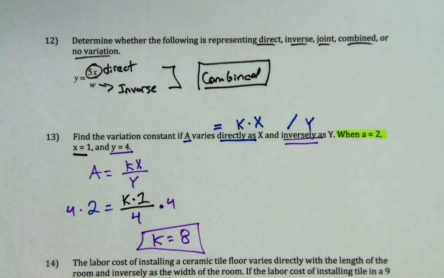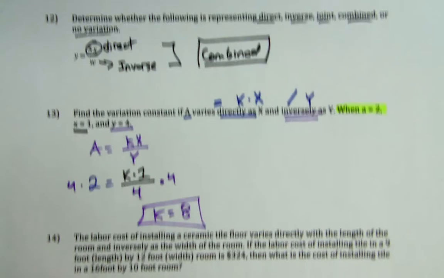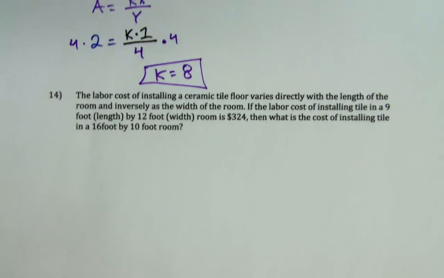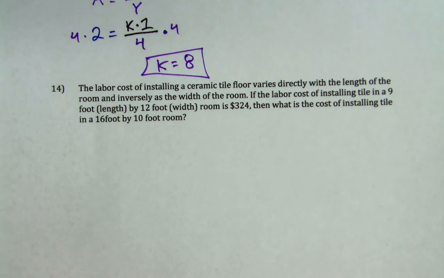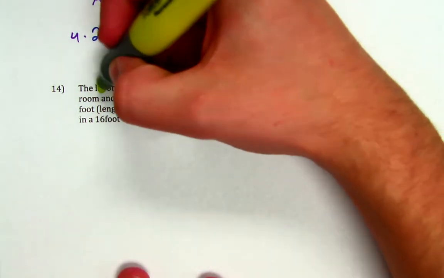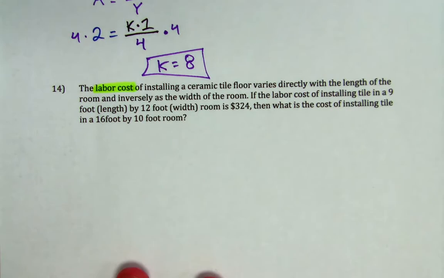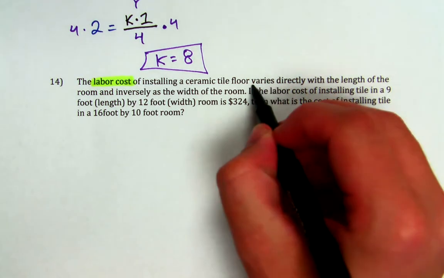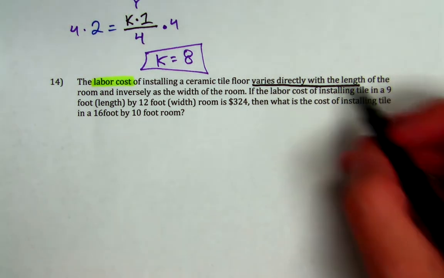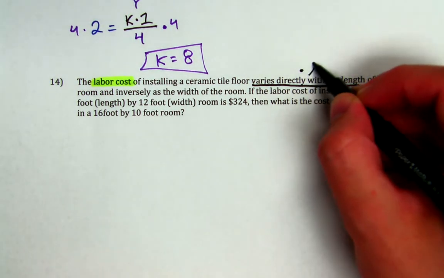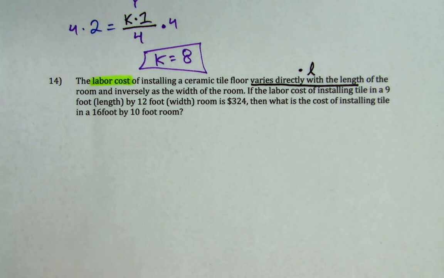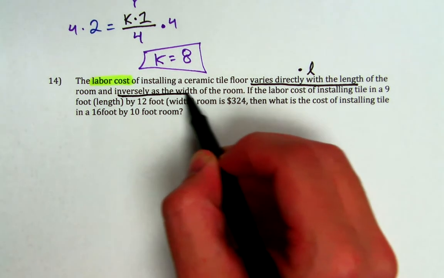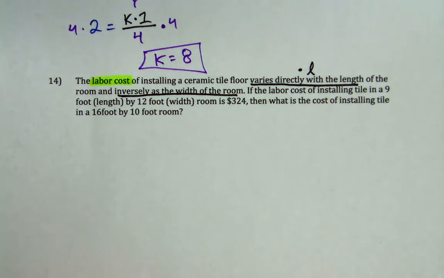Alright, and finally we've got the different one using variation, but it's a word problem. So it says the labor cost of installing a ceramic floor varies directly with the length. So directly, we're going to multiply by the length, and inversely with the width.